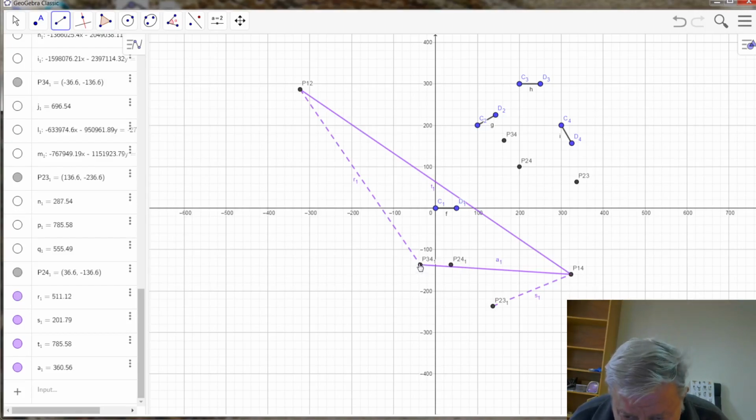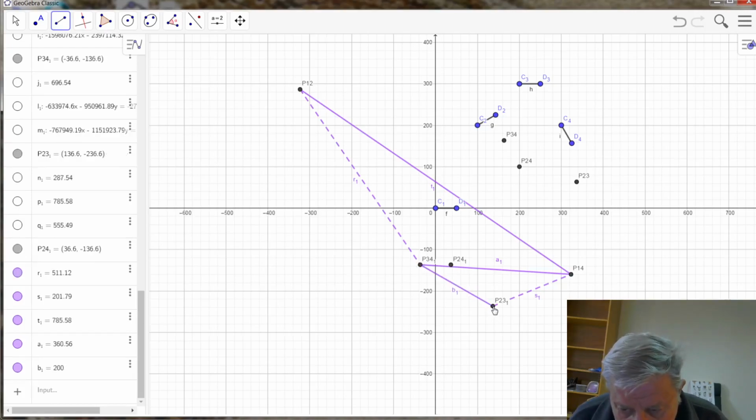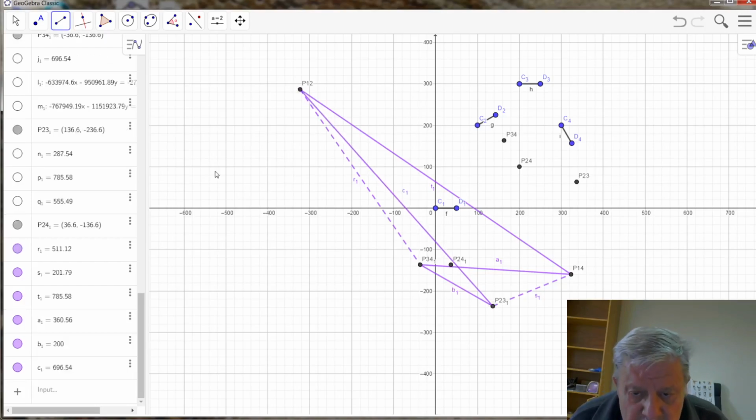P341 to P231 will be side 2. P231 to P12 will be side 2. This is your pole quadrilateral.